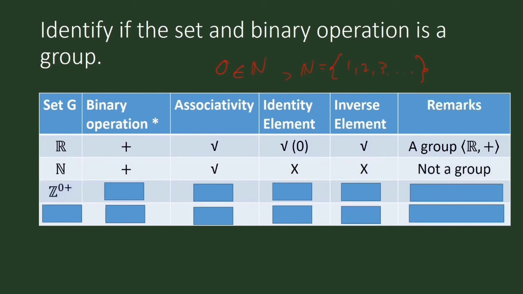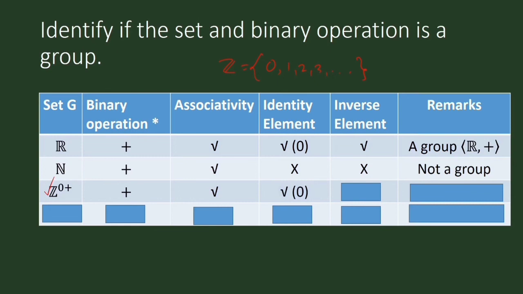How about this? This is a set that pertains to the set of whole numbers. The set of whole numbers is the set containing 0 and the positive integers. This set under the binary operation of addition, well, is addition associative? Yes. How about the identity element, does it have an identity element? Well, now it has because we included 0.